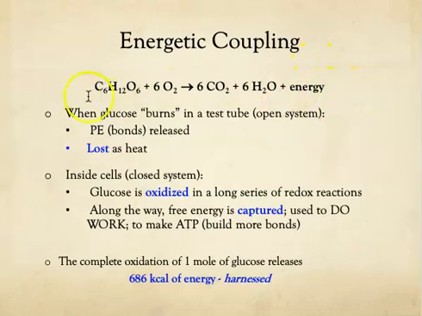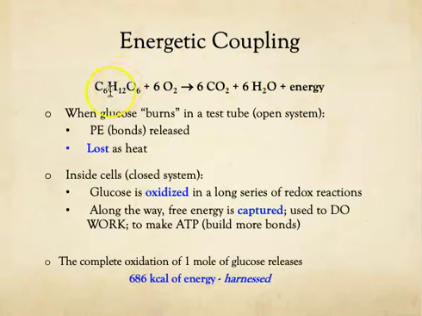Do you recognize this reaction? This is cellular respiration, and oxidative phosphorylation would follow. So cellular respiration is glucose being oxidized all the way to carbon dioxide, and all the energy that gets released from the glucose will be used to make ATP.